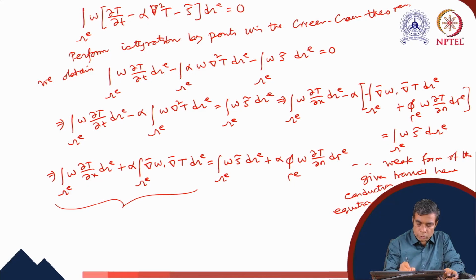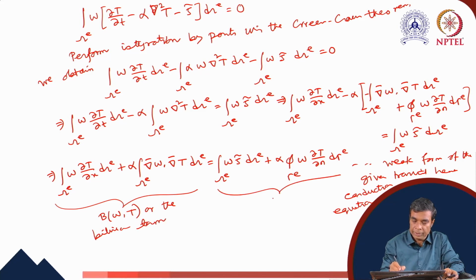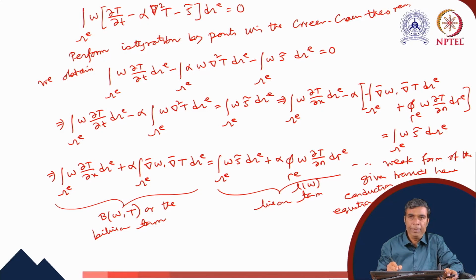So this is the portion in the left hand side, this is the B(W,T) or the bilinear term, and this right hand side portion is the linear term containing only W. We separated these two items as B(W,T) and L(W).